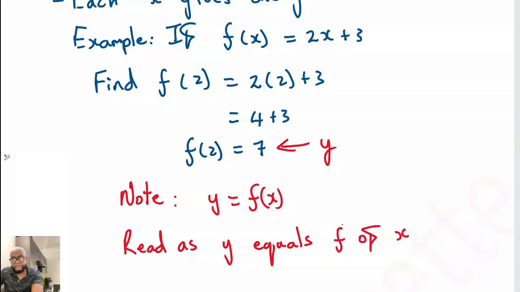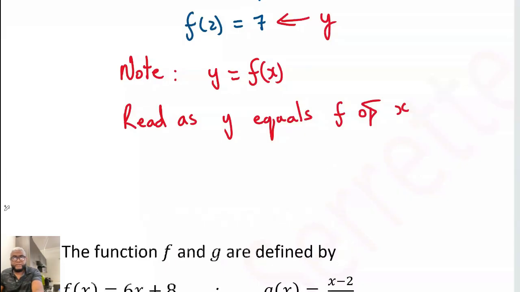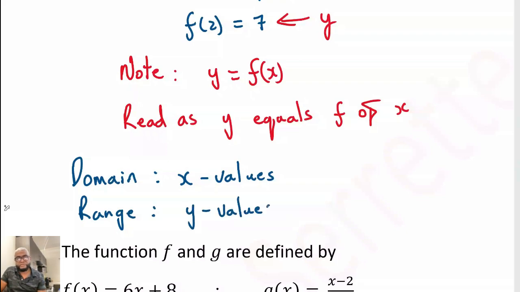That's how it's read. So your domain would be your x values, and your range would be your, what do you think? y values.